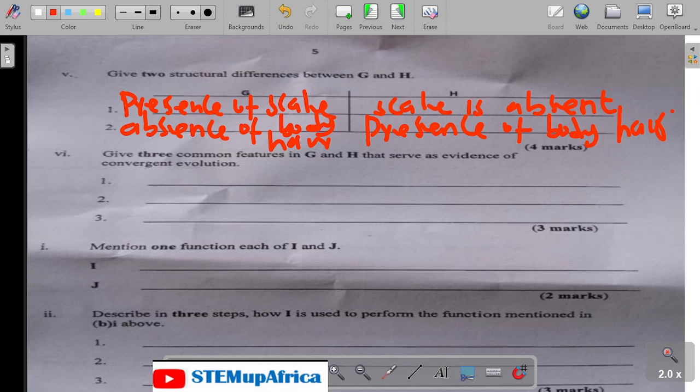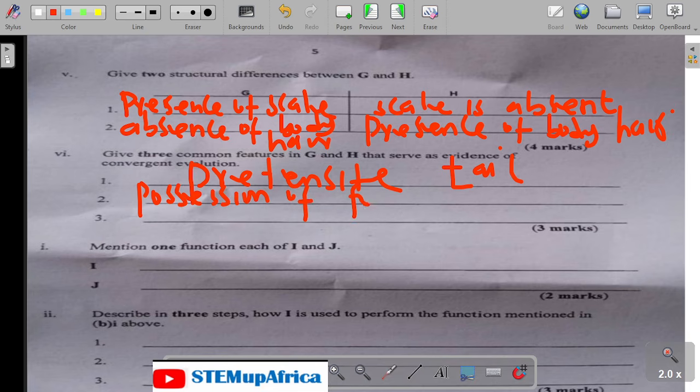We have prehensility, then 2, possession of 4 hind limbs.